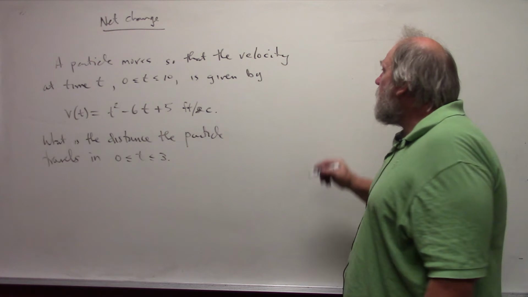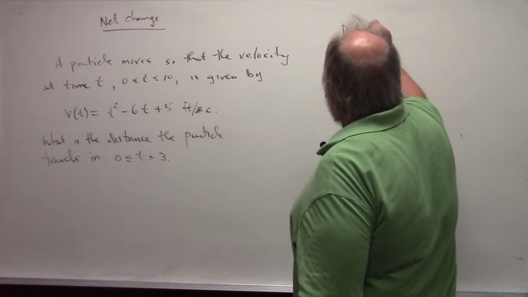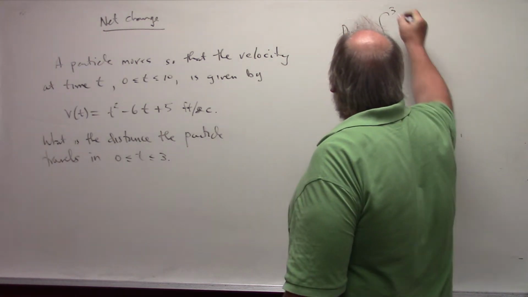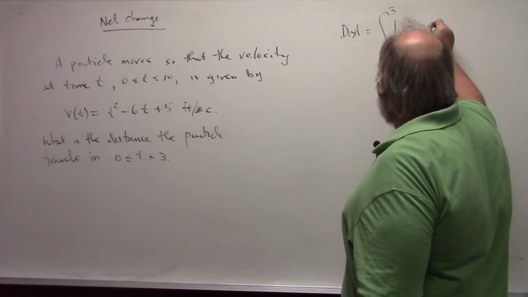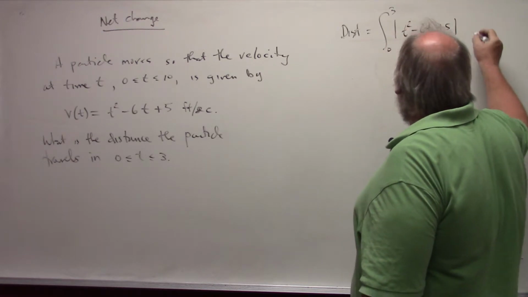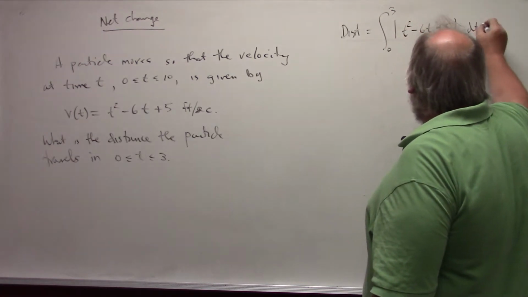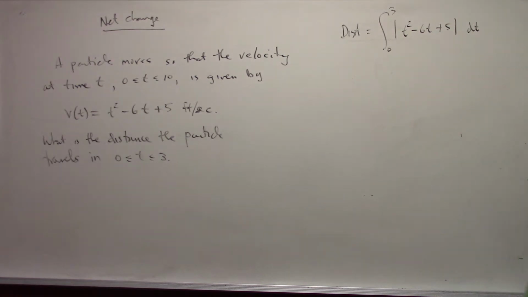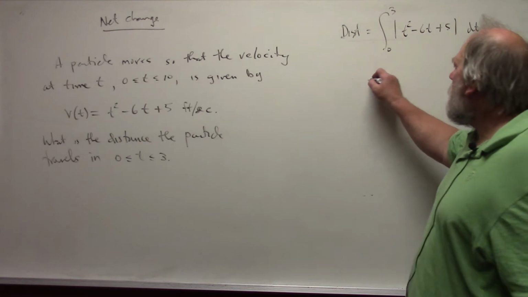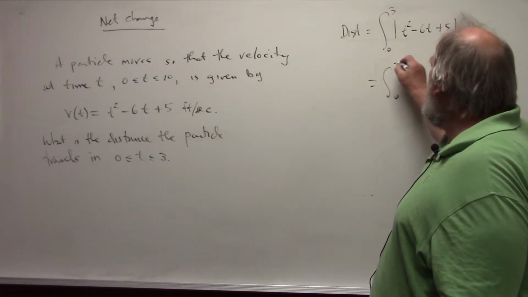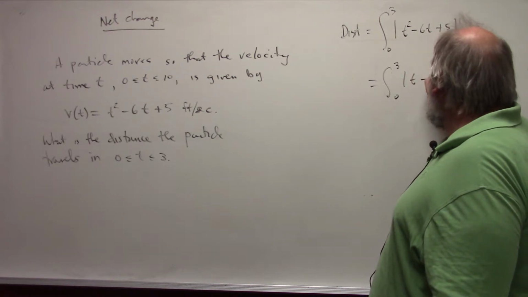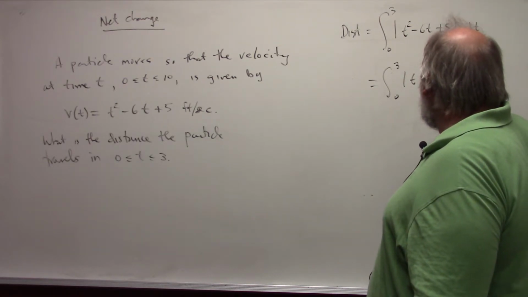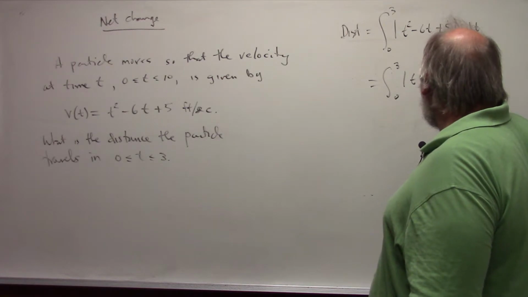And so what we need, the distance, then, is still the integral from 0 to 3, but now it's the absolute value of t squared minus 6t plus 5, because I want this thing always to be positive. Now, this causes a little bit of a problem. Fortunately, in this case, this function factors, and so this is t minus 5 times t minus 1.